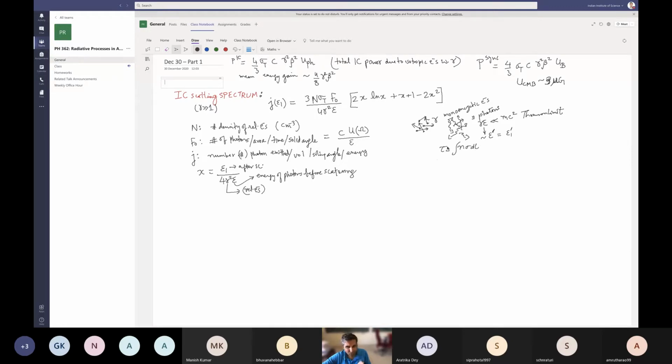But once this collision happens, once the scattering happens, this is the emergent spectrum of the scattered photons, the spectrum of scattered photons in the lab frame. Okay.